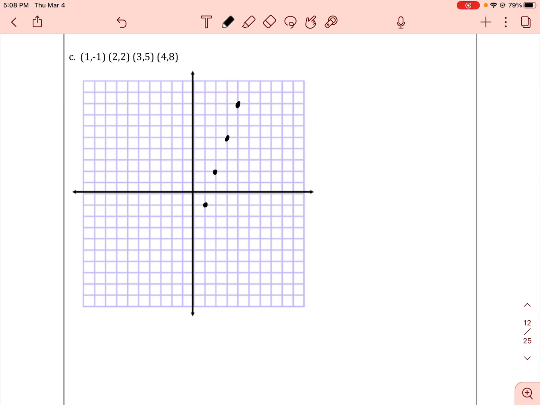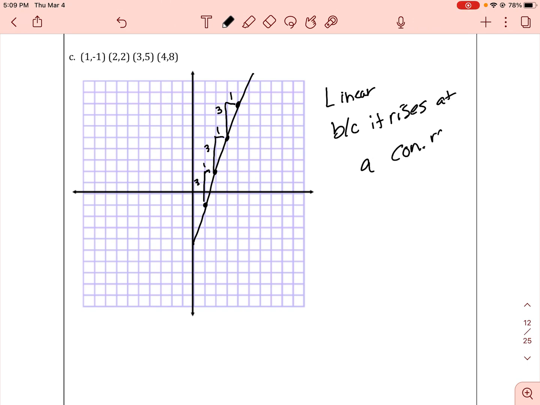As you noticed, these look like they're in a line, and you'll see that you go up 3 to the right 1, up 3 to the right 1, making my slope triangles here, and all of my slope triangles are the same, so this is linear because it rises at a constant rate of change, which in this case would be 3.